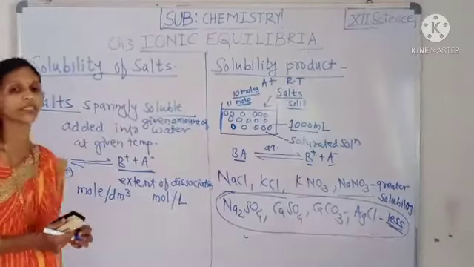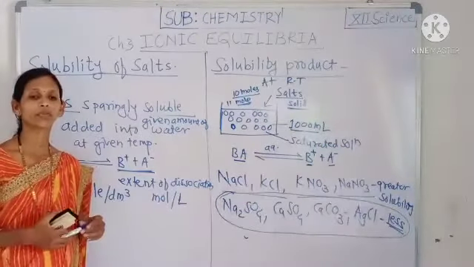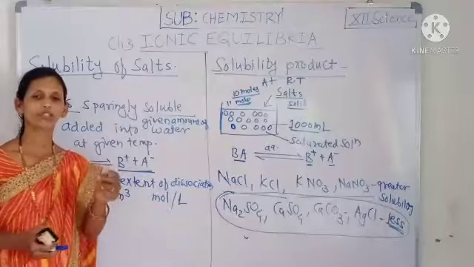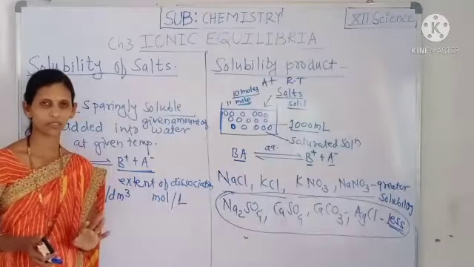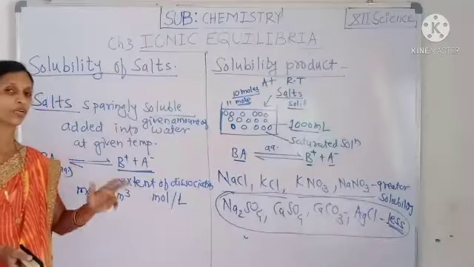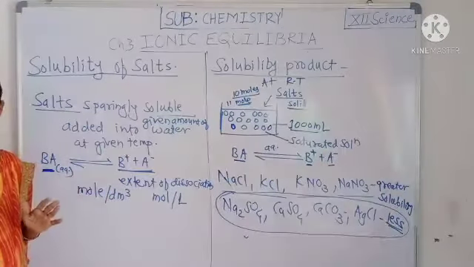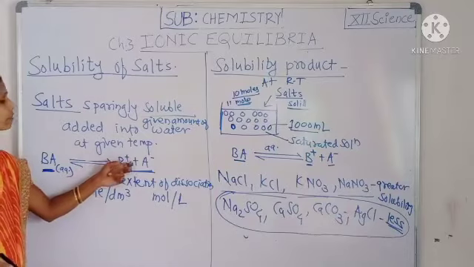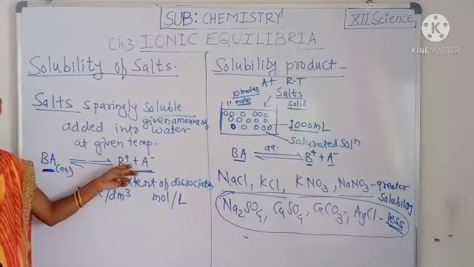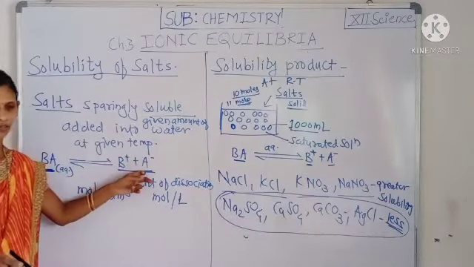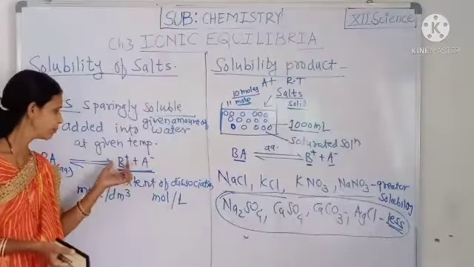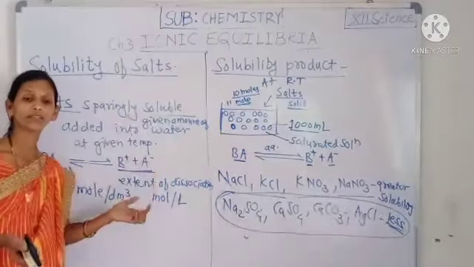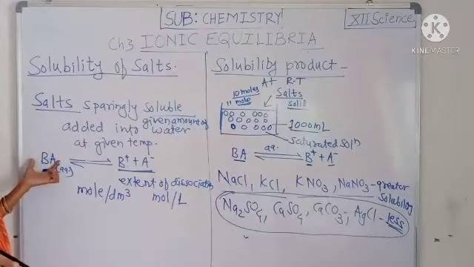That means it is the maximum number of moles of salt dissolved in a given amount of water in a saturated solution of that salt, and here equilibrium is attained between the dissociated ions, B plus and A minus, and BA.